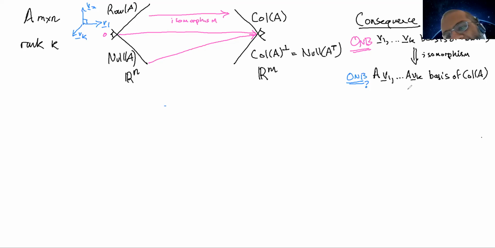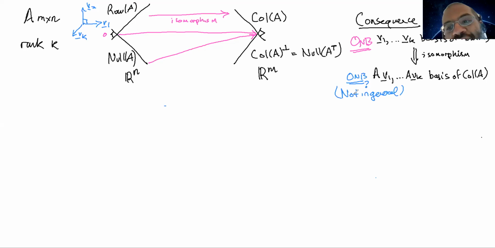Isomorphisms, things like change of coordinates, don't preserve the dot product. So in general it's not true. If you start with an orthonormal basis of the row space and hit it with A, you do not get an orthonormal basis of the column space, because A can do all sorts of funny things to the dot product.